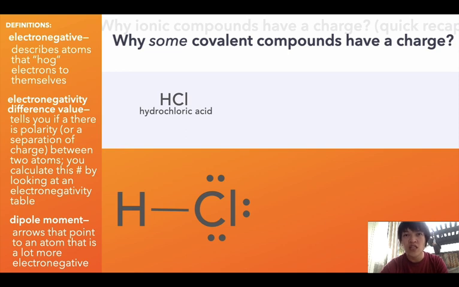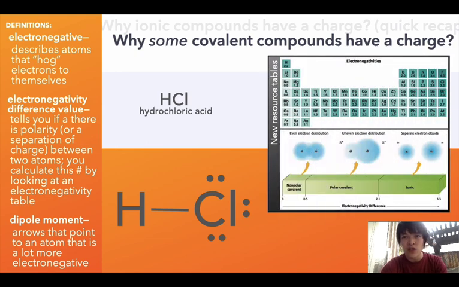And lastly, a dipole moment. This is an arrow that you draw on a molecule that points to an atom that is a lot more electronegative.